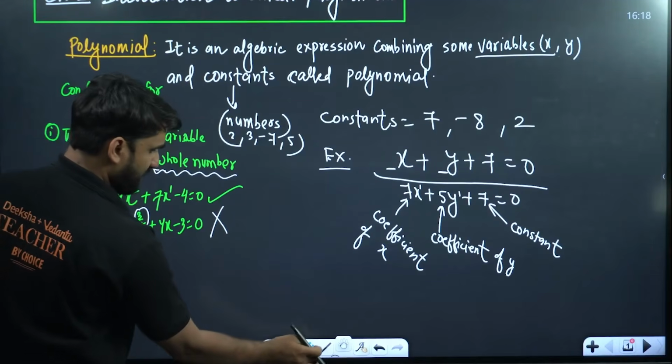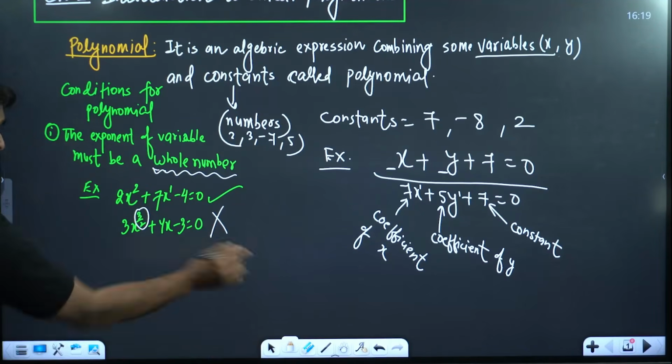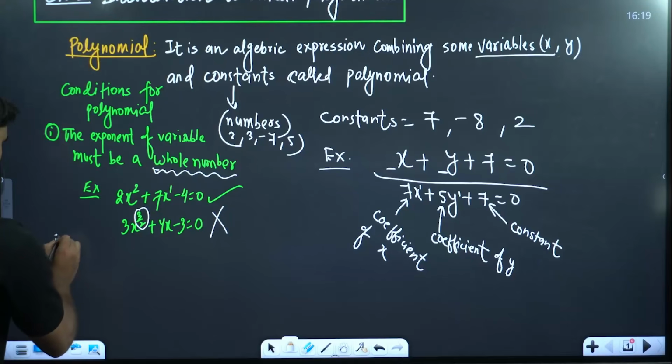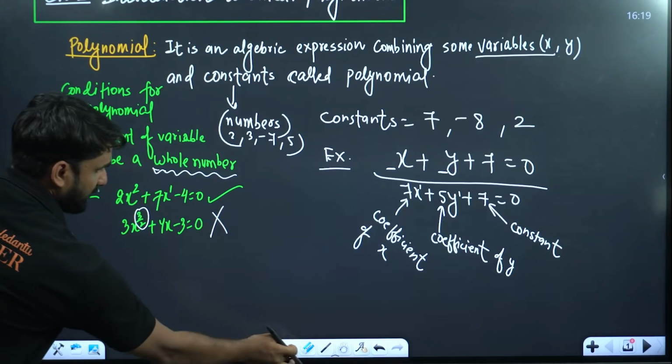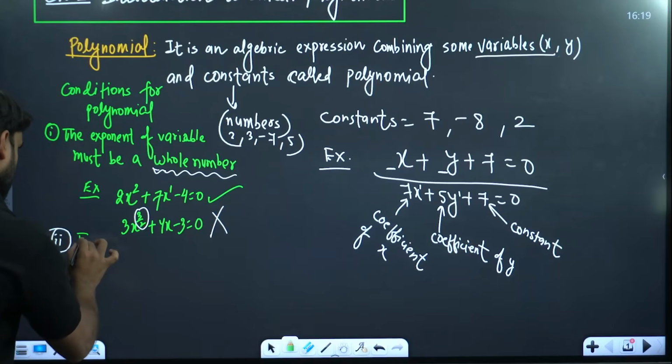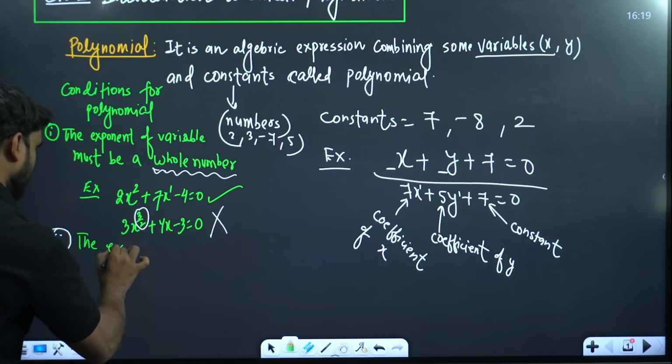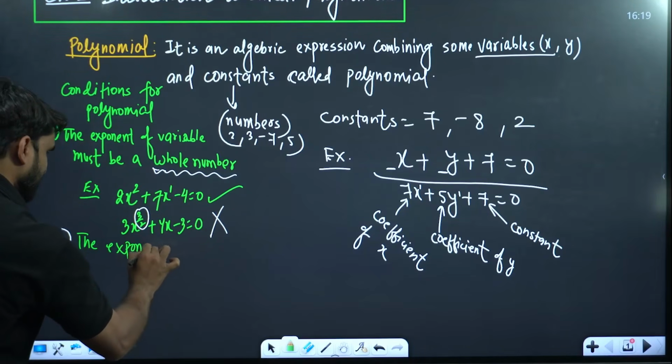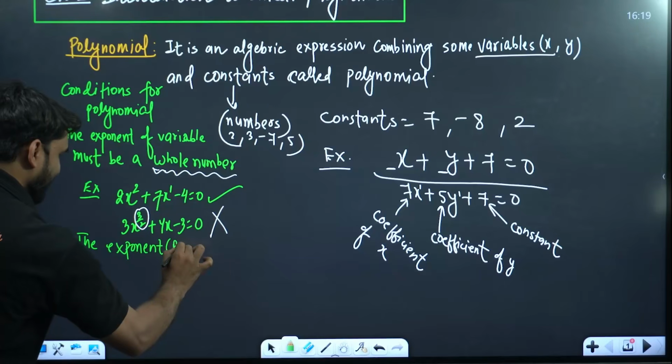Okay, now the second condition, my dear champions, let me use green color. The second condition for polynomial is the exponent. Some students also call this power, but in real mathematical terms it is the exponent.